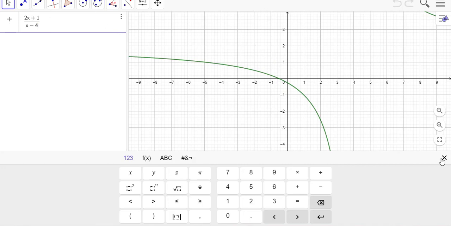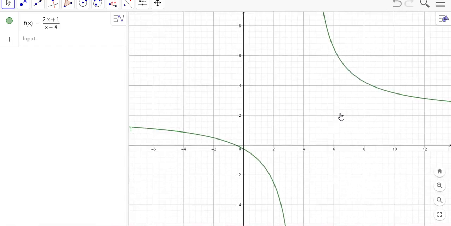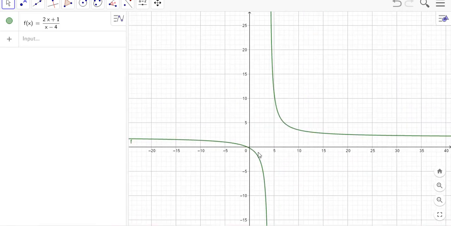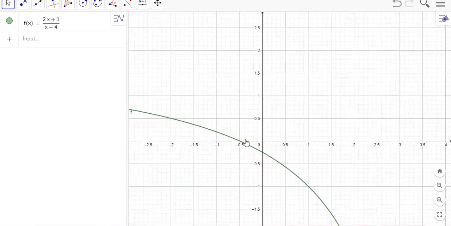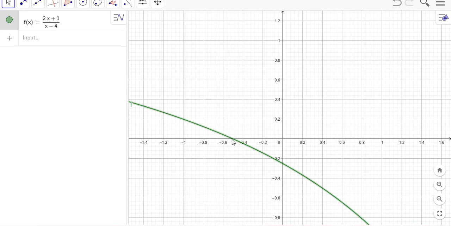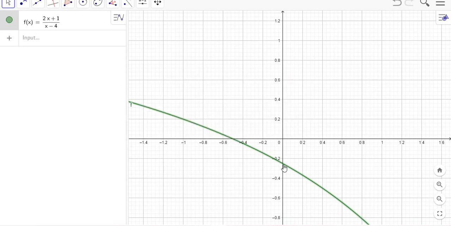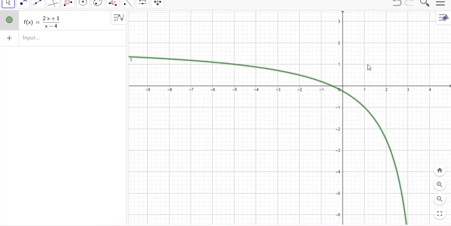I believe you're already seeing the display of a graph. Let me zoom out. So that's exactly what happens. You see these points, those are the intercepts. So that's basically the curve.